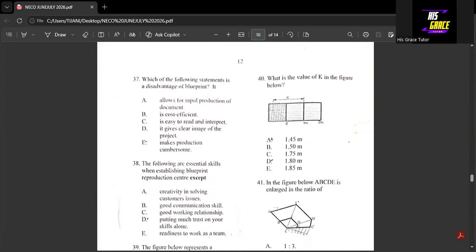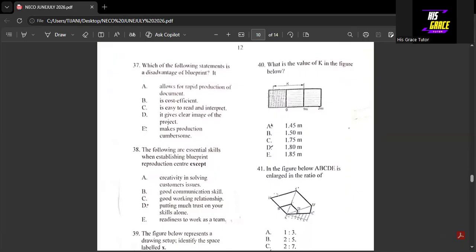Then question 37 says, which of the following statements is a disadvantage of blueprint? It makes production cumbersome.